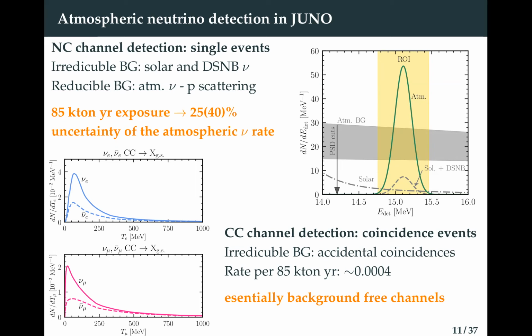Yeah. Then what if electrons accidentally give a similar energy, like a 15 MeV energy deposit? You don't know whether that is coming from an electron or the photons. From the solar neutrino scattering on electrons? Yeah, so this is a scintillator, right? Yes, the scintillation happens.